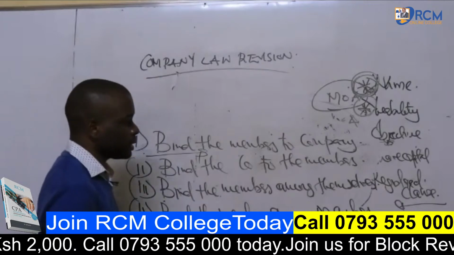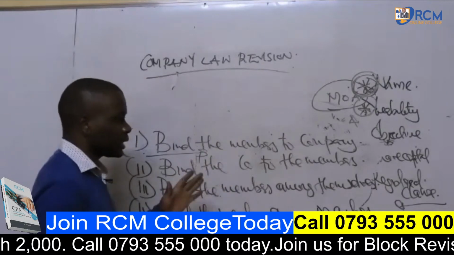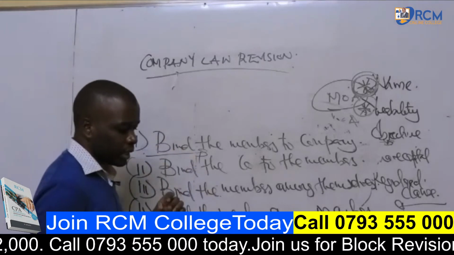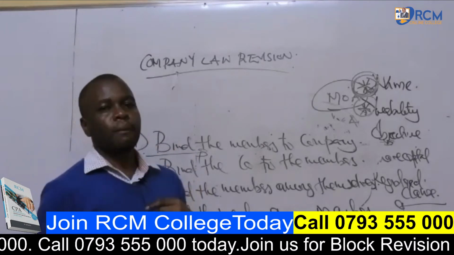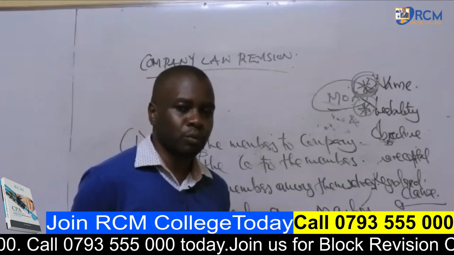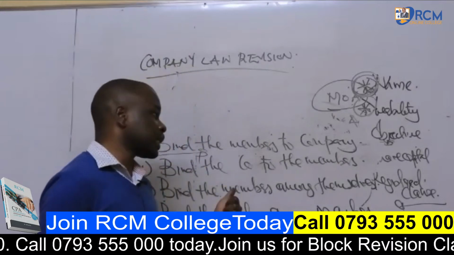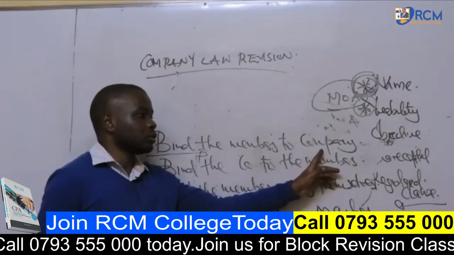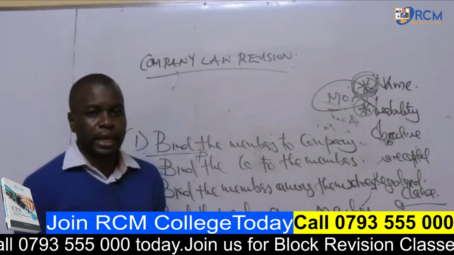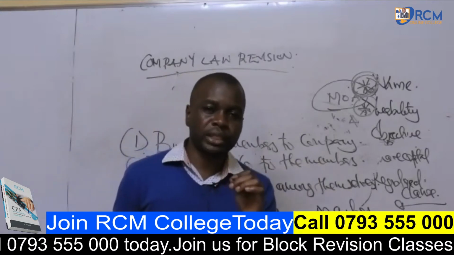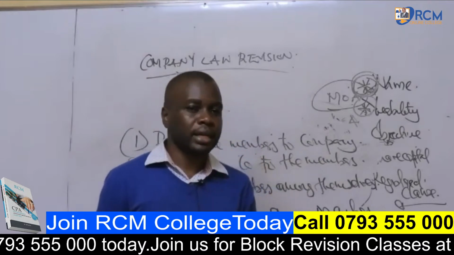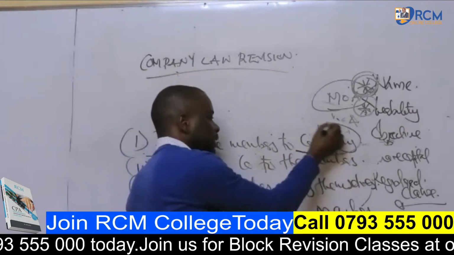So it simply means that once the articles are registered, the members of the company will be bound to the company. And in case they commit any wrong against the company with regard to the articles, members can actually be held responsible. The company can take action. There are those rules, there is the constitution of that company. Suppose a member of that company fails to follow that constitution and does something wrong against the company, the company will take action.